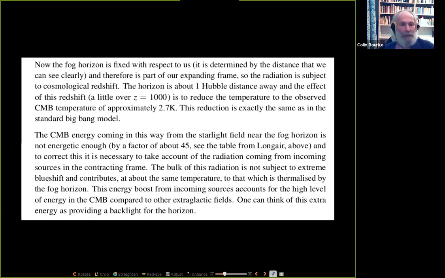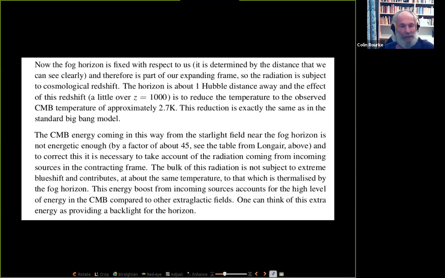But it's wrong. This is not the right description, because the energy coming to us in this way from the starlight field is not energetic enough, by a factor of about 45, from the table that I quoted from Longair above. To correct this, it's necessary to take account of the radiation coming from incoming sources in the contracting frame.